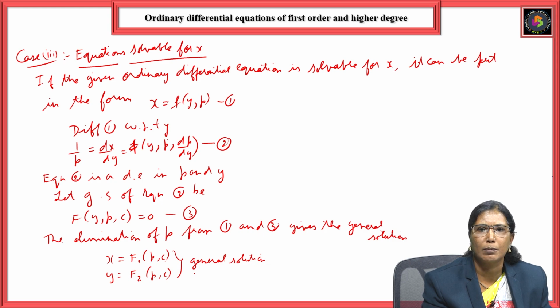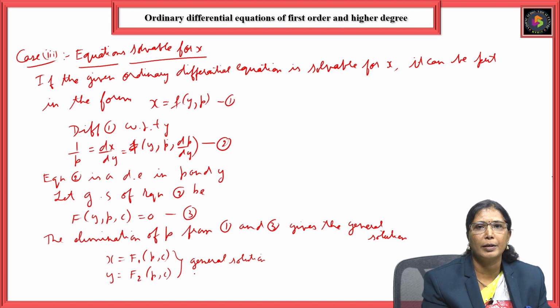But in the syllabus, you are not having singular solution, you are only finding the general solution. So whenever you get a factor which does not contain dp by dy, you should neglect it, same as in solvable for y.